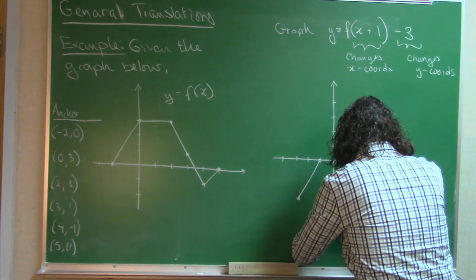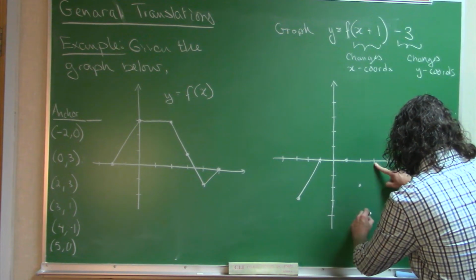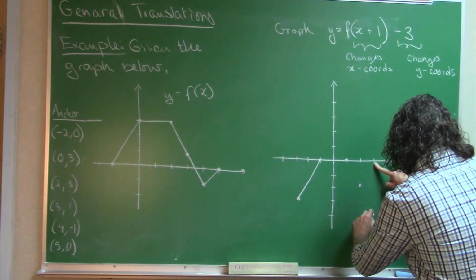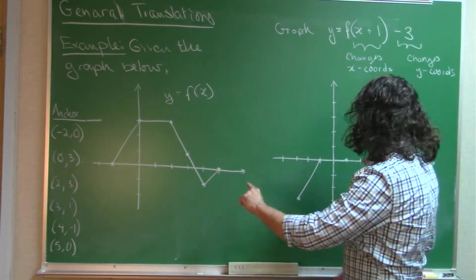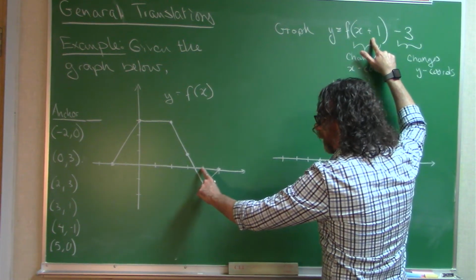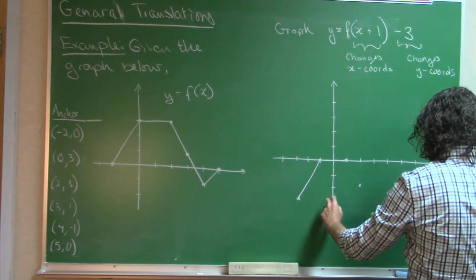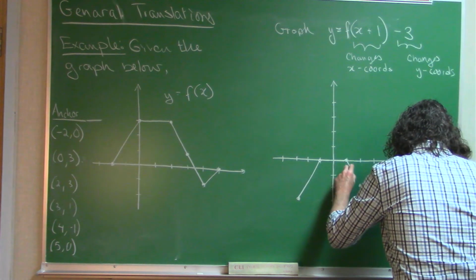Let me give myself a little extra space. And lastly, this guy, 5, 0. 1 unit left, 4, 0. 3 units down. 4, negative 3. Okay, and we'll connect all those.